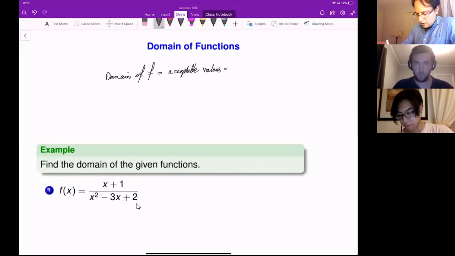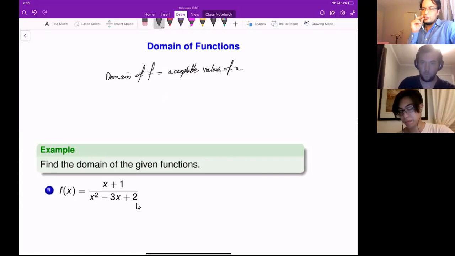At the level that we are at now, there are two things that you have to know, the restrictions that we have to apply.